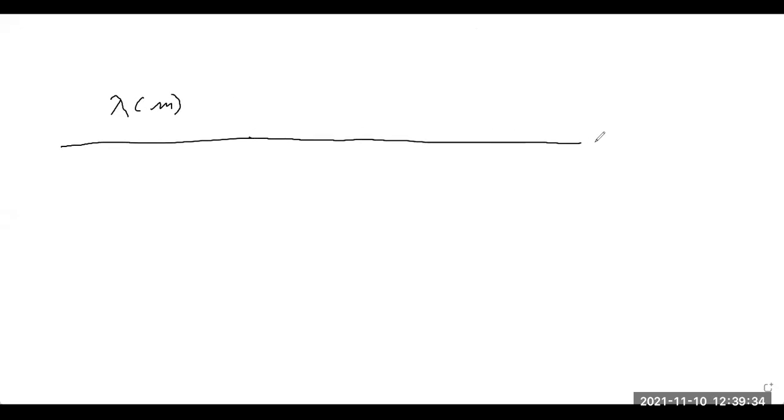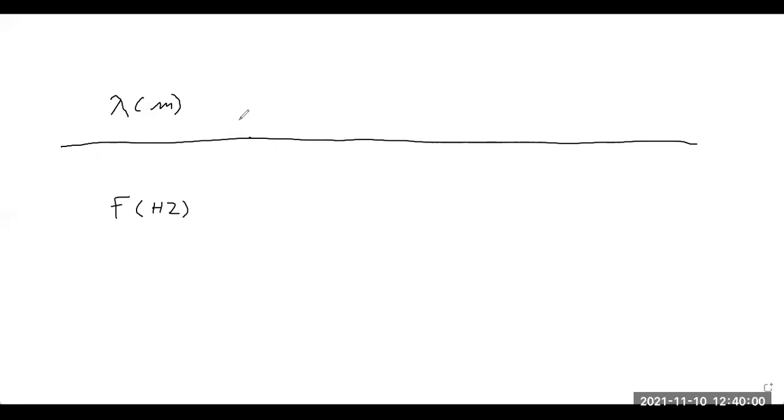If we look at the wavelength in meters and the frequency in hertz, for light traveling through a vacuum, the greater the wavelength, the lower the frequency.